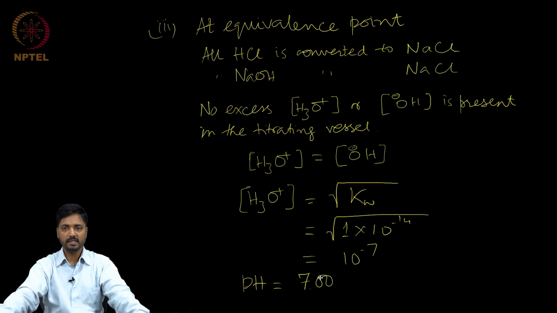So, as I indicated earlier also, when we are titrating strong acids and strong bases, we can expect only in these cases that the pH is equal to 7 at the equivalence point.